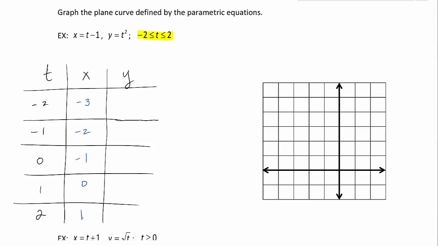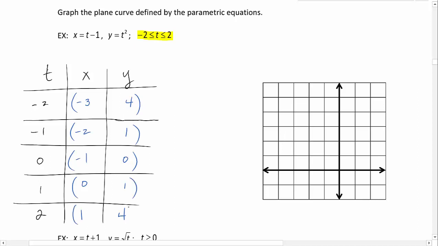Now we'll do the same thing for y. Y equals our t value squared, so we'll just square each of these t values. 4, 1, 0, 1, and 4. And now we have 5 ordered pairs, x, y, that will make up the graph of our parametric equation.